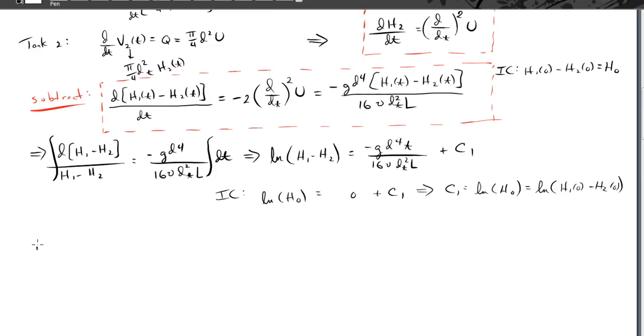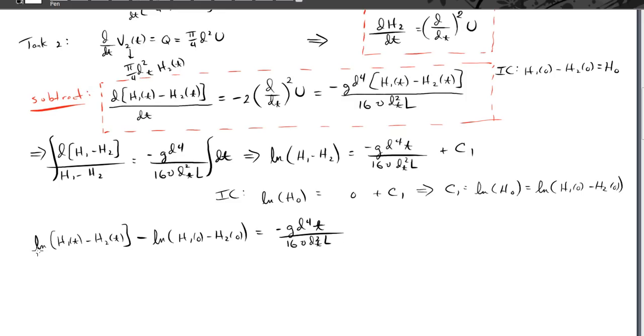So we get the log of h1 of t minus h2 of t minus C1, which is minus the log of h1 of 0 minus h2 of 0, is equal to the rest of these terms here, which is the minus g d to the fourth t divided by 16 nu D_T squared L.